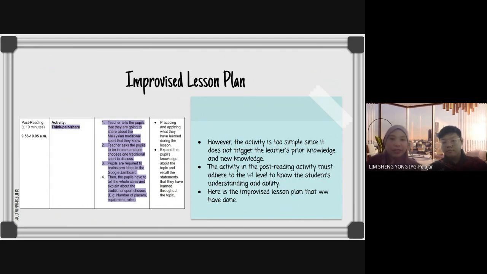For the lesson plan that we have improvised, instead of doing the drag and drop game in Google Jamboard, we have decided to change the activity to a think, pair, share activity, where the teacher will ask the students to be in pairs, and the pupils have to choose one Malaysian traditional sport that they know, except for the four that they have learned earlier.